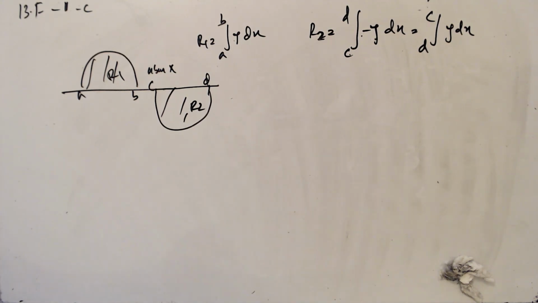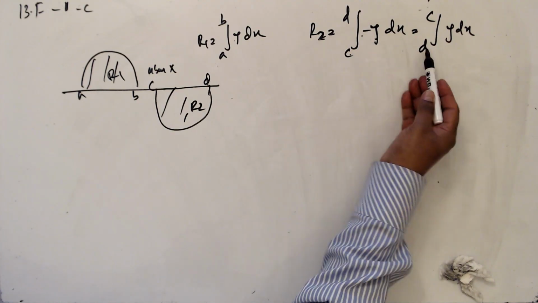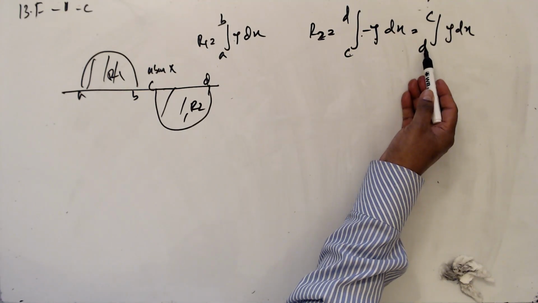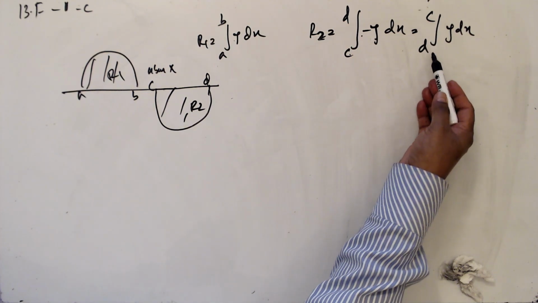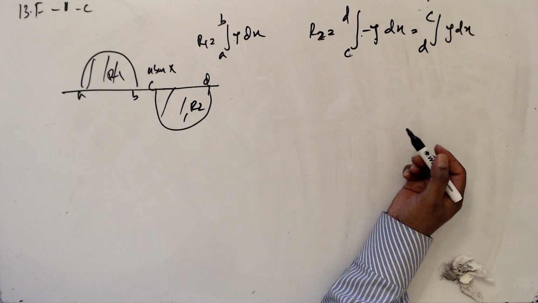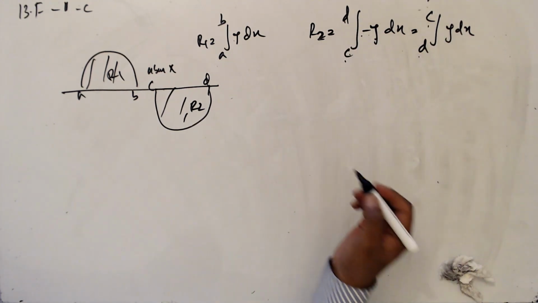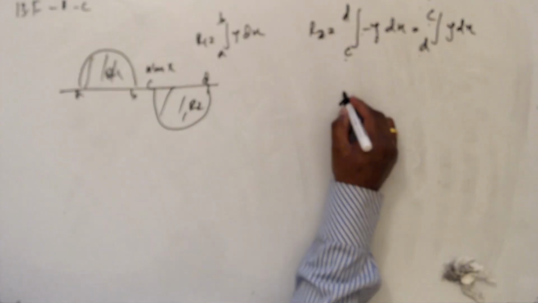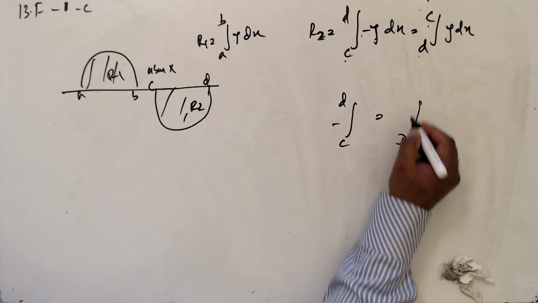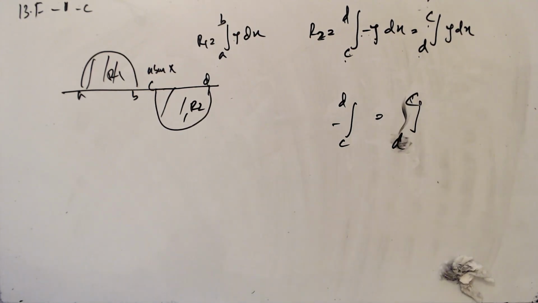Simply, you can get rid of this minus by changing the limits. Minus C to D means D to C.